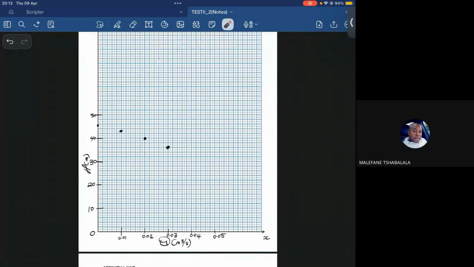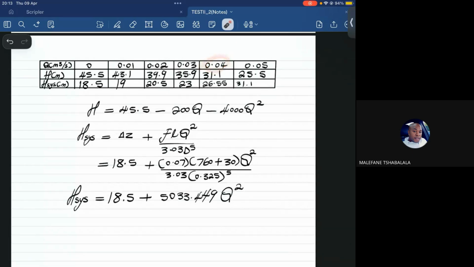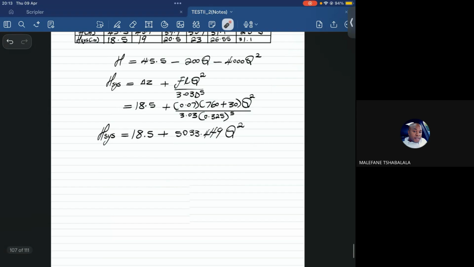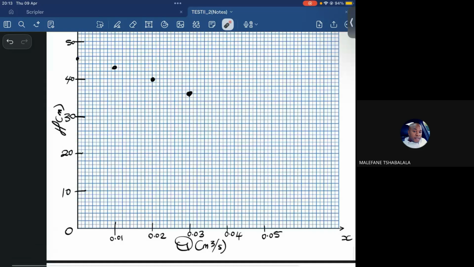Next one, we'll have 0.04, of course, and 31.1. 31.1 is close to 31 when we're rounding off to the nearest. So we'll have 0.04 and 31.